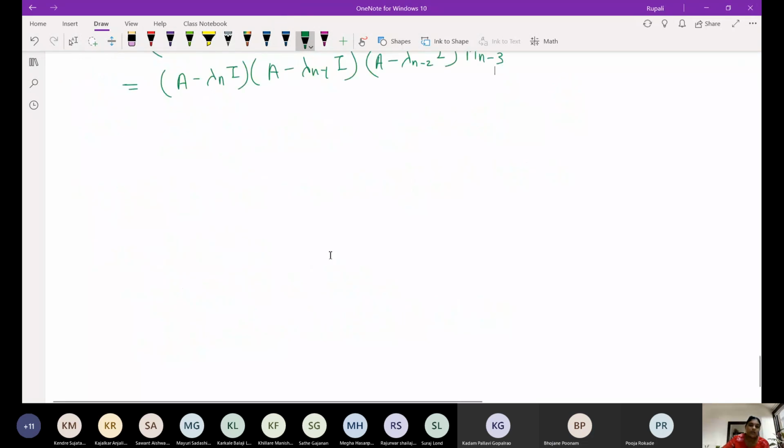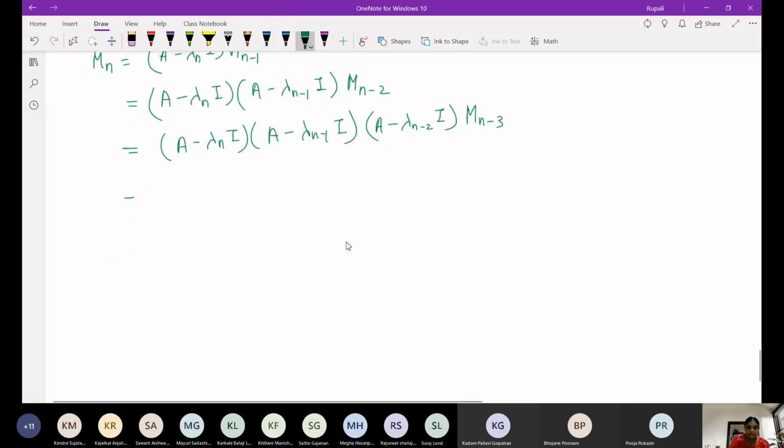Up to where can I continue this? Up to A minus lambda 1 I times M0, and M0 is nothing but identity.